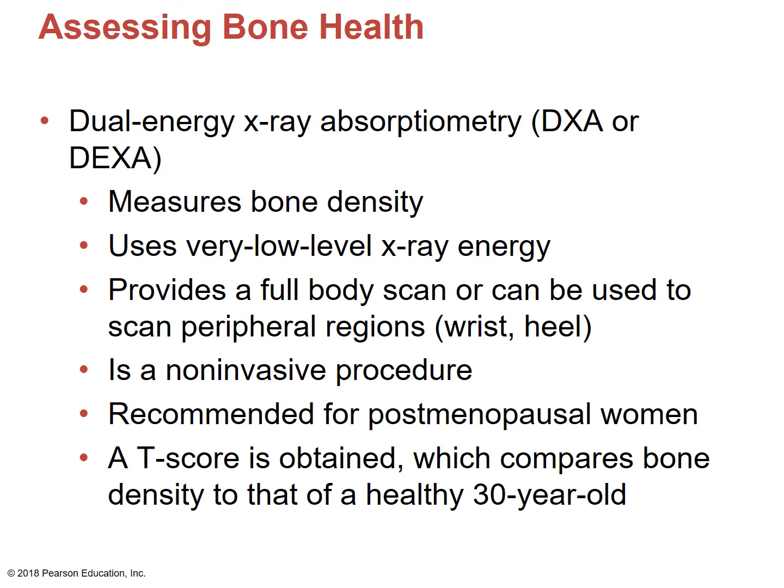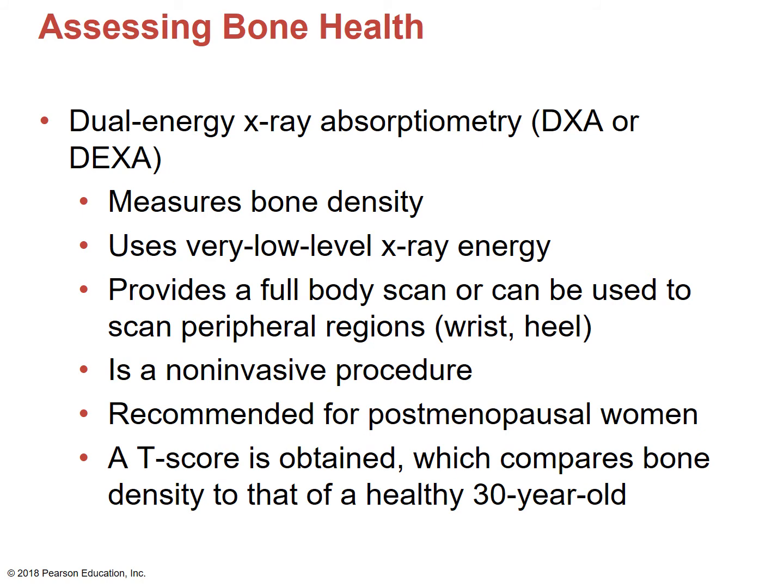The DXA is a very important tool in determining a person's risk for osteoporosis. It generates a bone density score, which is compared to the average peak bone density for a healthy 30-year-old. Doctors use this comparison, known as the T-score, to assess the risk of fractures and determine whether the person has osteoporosis.